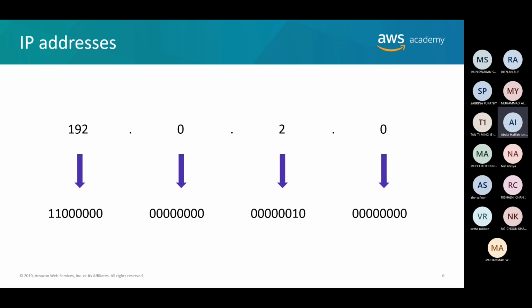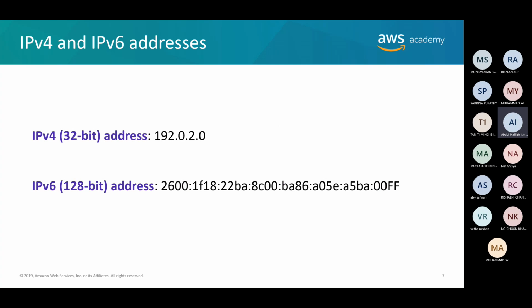So computer dia akan faham yang ni, yang ni untuk kita punya human visual lah. So kita kena convert to 1010. So basically IPv4 ada 32 bit address, IPv6 ada 128 bit address. So this one I think you already repeatedly learned about.